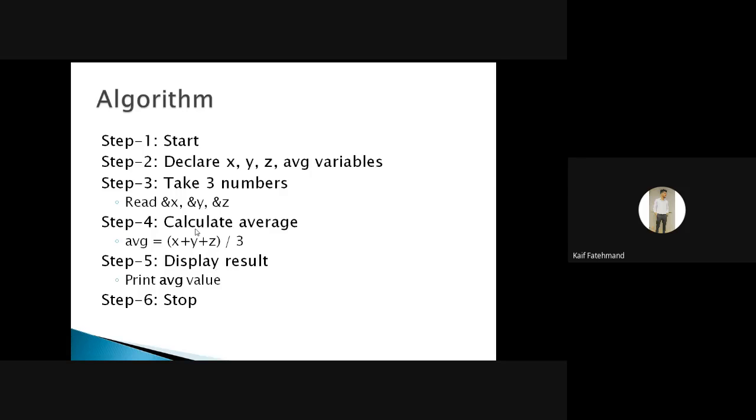But when you go for complicated projects or problems, you will have thousands of steps. If someone is left in between, whoever joins will know what happened previously and what you have to do now. That's why we write this as a step by step procedure. Is it clear?